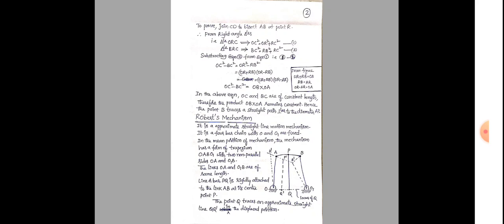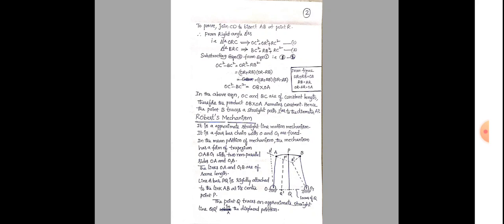Now if I apply the Pythagoras theorem for this right angle triangle, one can write square of the hypotenuse, that is OC square, is equal to the sum of the opposite side square plus the adjacent side square. So that is OC square is equal to OR square plus RC square. OC is the hypotenuse, RC is the opposite side and OR is the adjacent side.